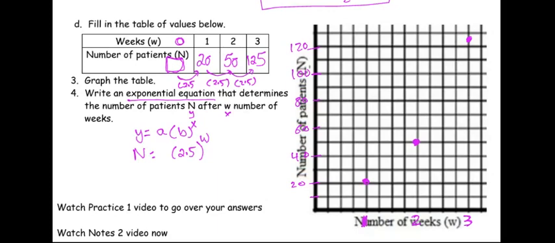Instead of multiplying, I'm going to divide 20 by 2.5 to find that n value. 20 divided by 2.5 is 8. So the initial value is going to be 8. And that's the equation. And 8 is right here.